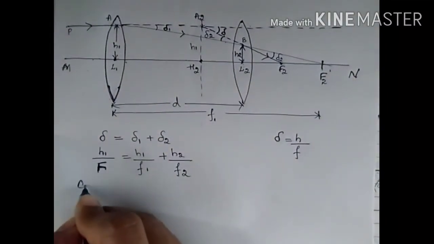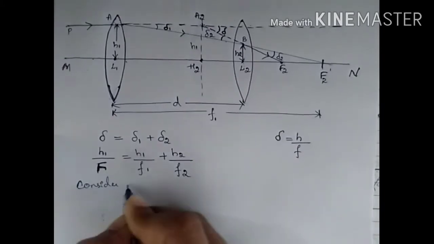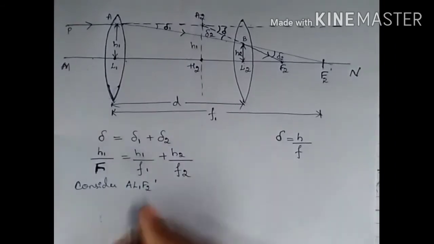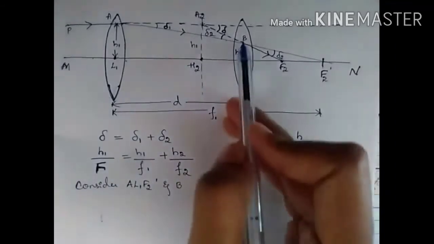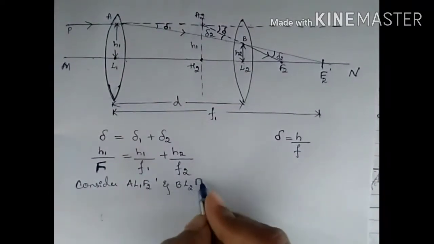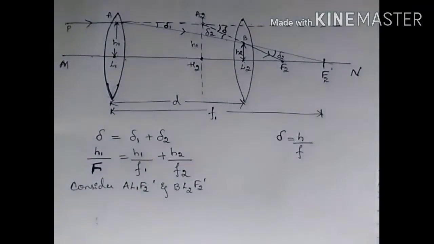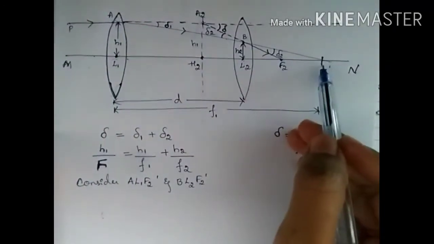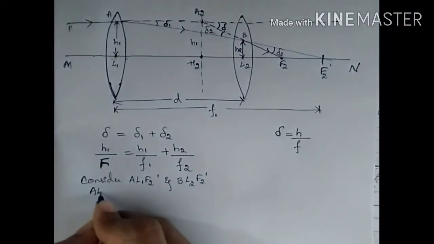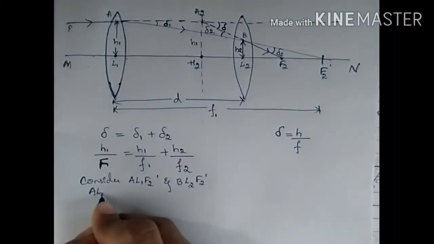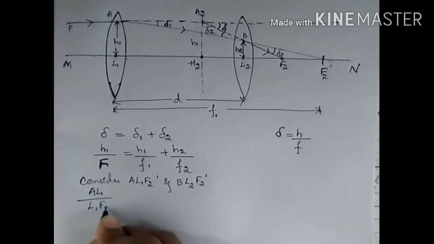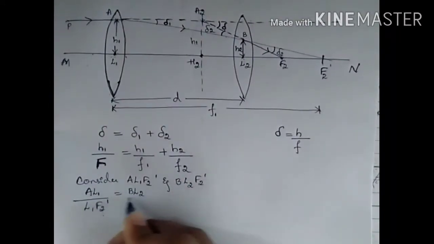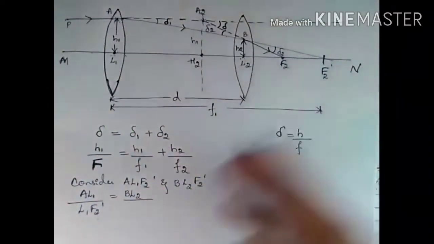So consider A L1 F2 prime and B L2 F2 prime. With this, you can write A L1 divided by L1 F2 prime will be equal to B L2 divided by L2 F2 prime.